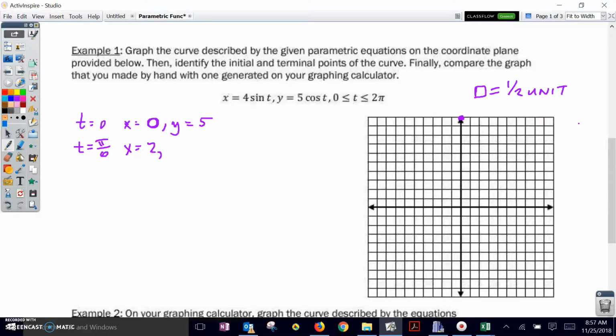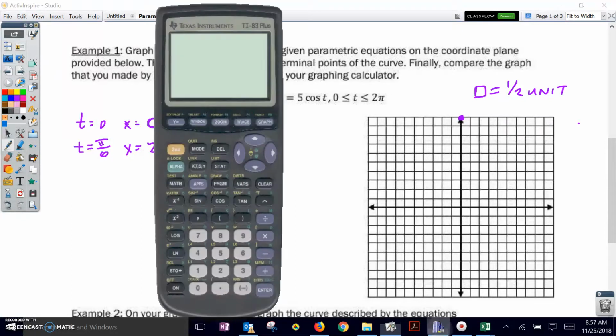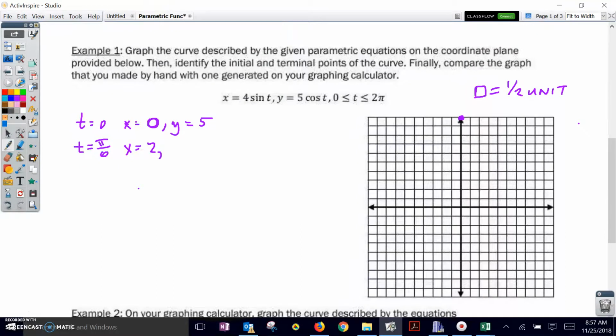And y is going to be equal to 5 times the cosine of pi over 6, which is 5 times the square root of 3 over 2, which is about 4.330, somewhere around there. So that's the next point I'm going to plot. I'm going to go over to 2 and up to 4.330, and plot a point there.